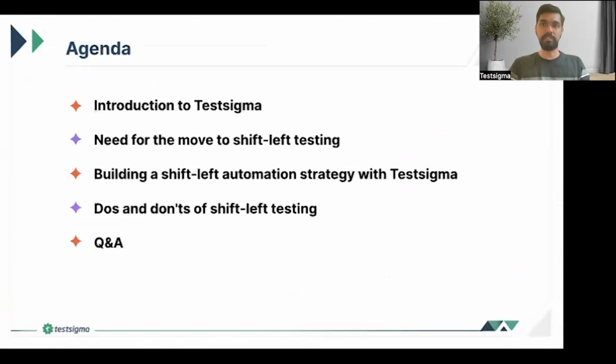Why exactly should we move to shift left testing? What is shift left testing? Building a shift left automation strategy with Testsigma, the do's and the don'ts of shift left testing, and so on. And as we mentioned earlier, we have a panel of our product members who will be taking your questions towards the end of the session. That is going to be our Q&A round.